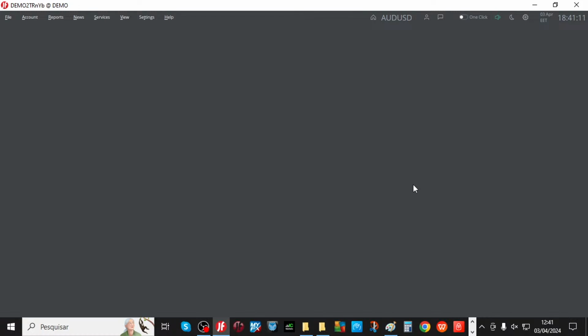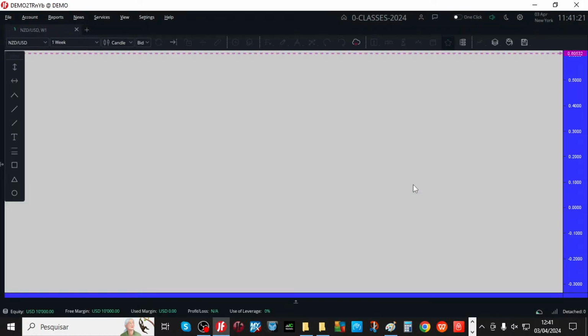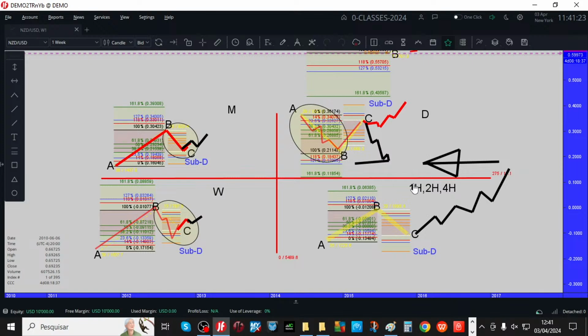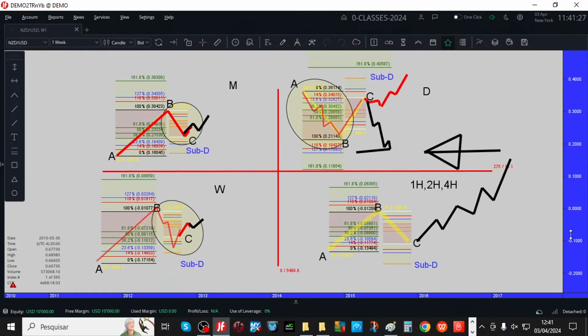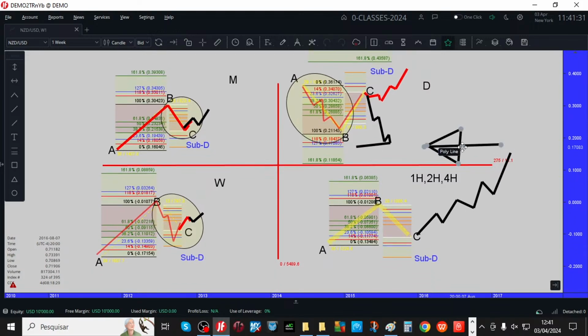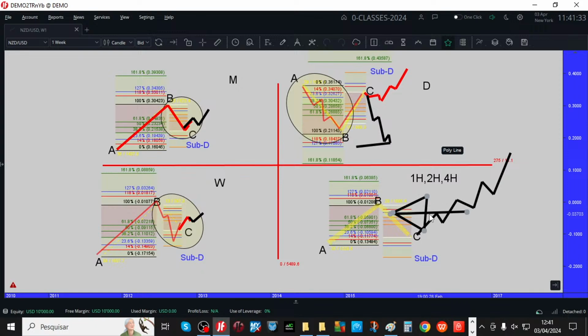Give it a second, Forex needs some time. Remember this lesson, everybody? Fibonacci in multiple time frame trading. Don't confuse the risk of the contrarian with the risk of the original Fibonacci.